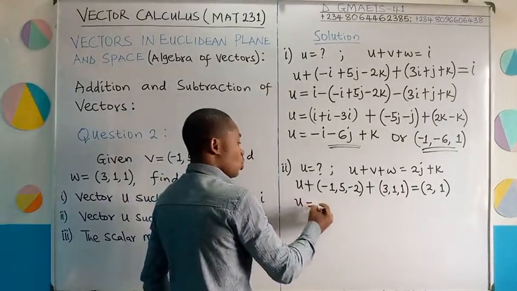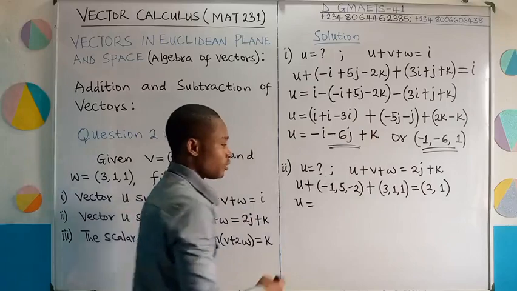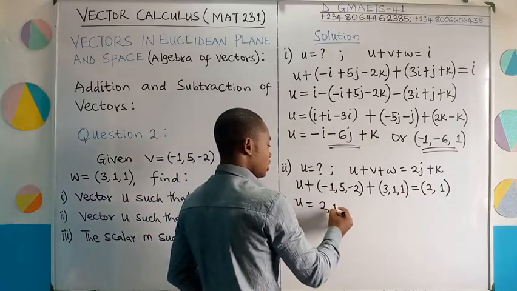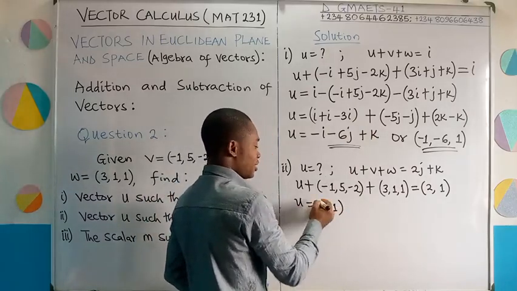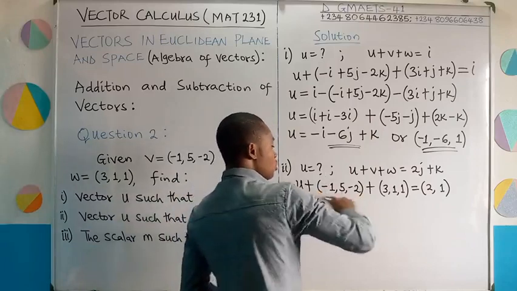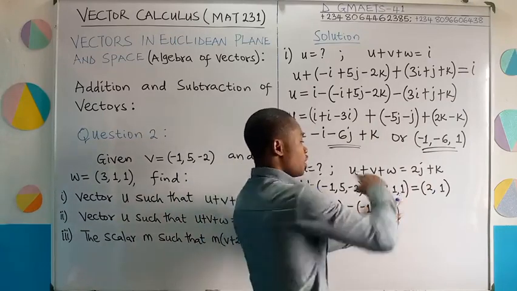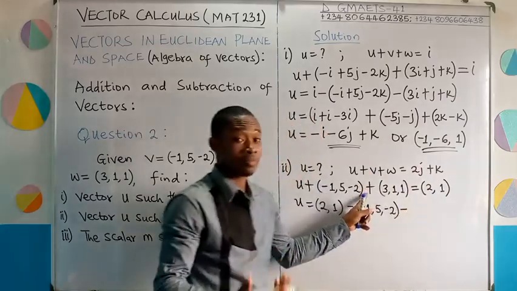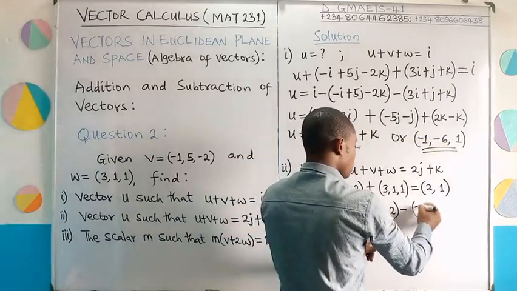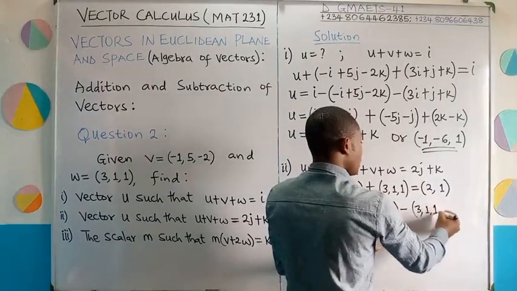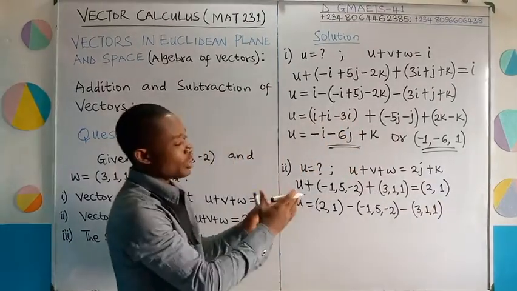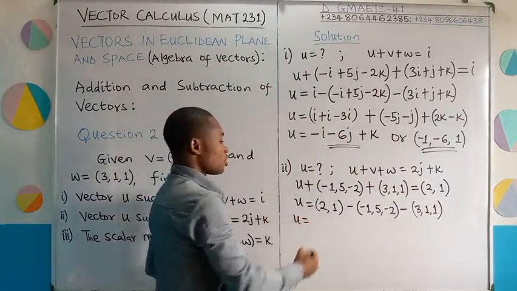Now u will be equal to, I'm collecting like terms, so this is going to be 0, 2, 1. Remember that the x there is 0. Then if this term moves, this plus is going to change to minus, and then the w term will also move. This plus changes to what? Minus, on the right side of the equation, then 3, 1, 1. So we're going to deal with these considering their like terms.